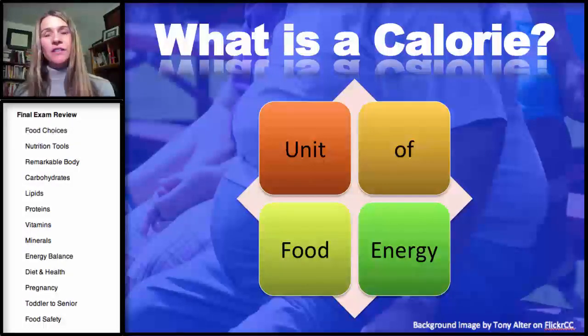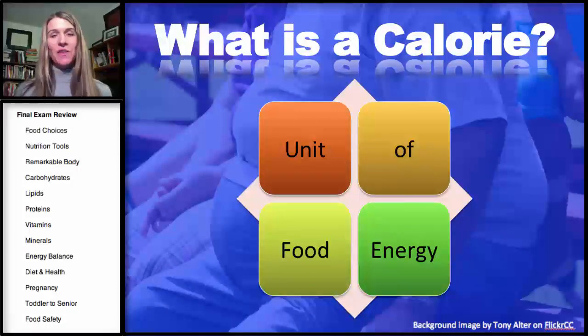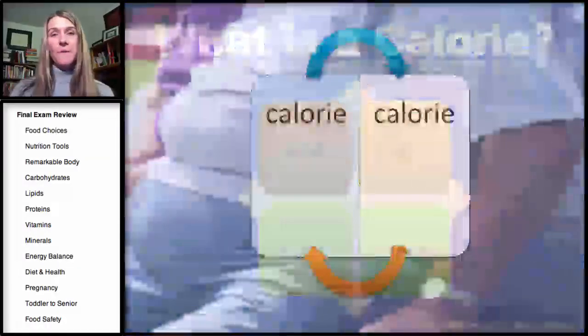And that energy is then used to do everything that we need to do. So a calorie is a unit of energy. We eat food, but we measure the energy that's produced from that food as a calorie.